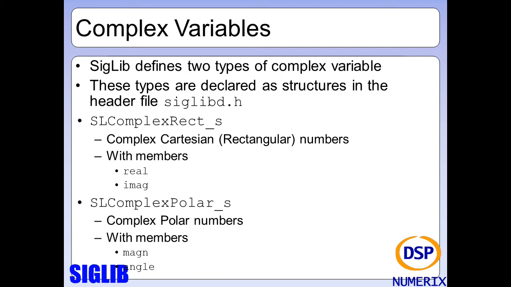The members of each of these structures are shown on the slide. The rectangular format supports real and imaginary members, and the polar format supports magnitude and angle. These structures are declared in the file siglib_d.h, which is automatically included from siglib.h. Functions are included for processing data in both formats, as well as converting data between the two formats.